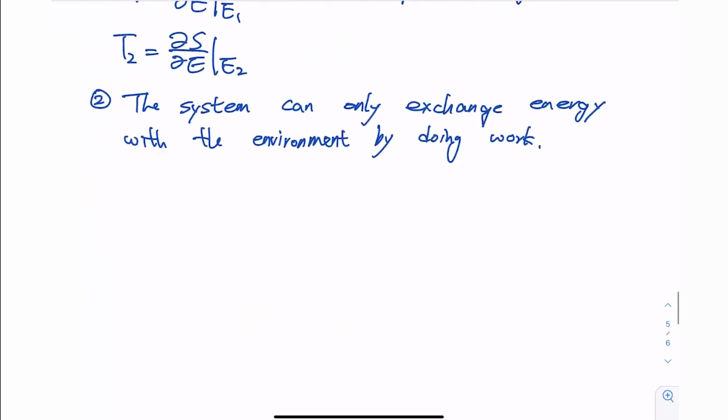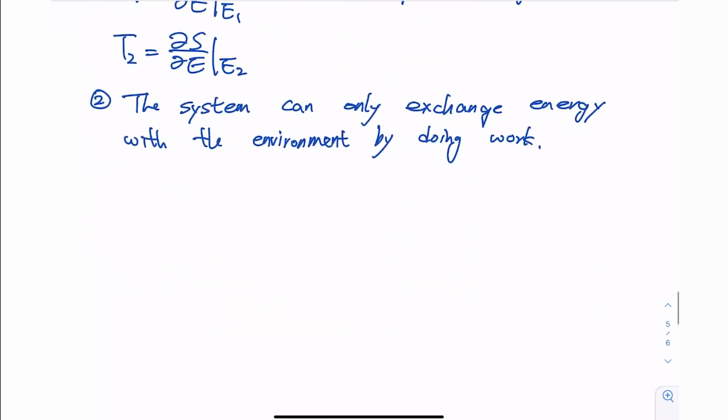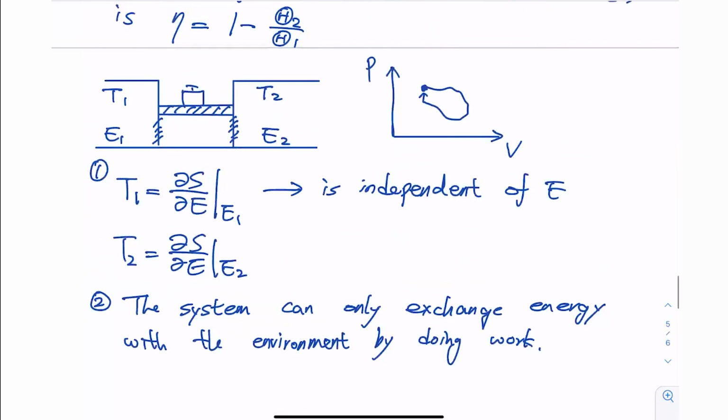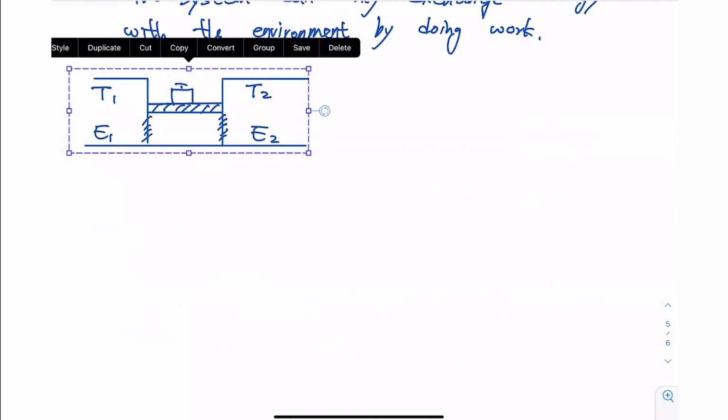So basically, after this cycle, what we found is that our system might have some change. So initially, we start from T1, E1, and T2, E2.